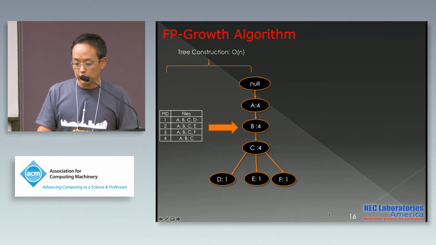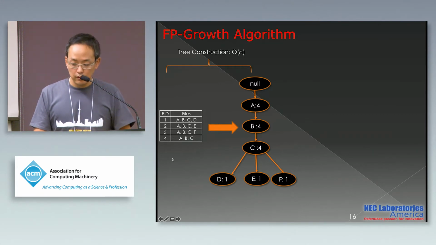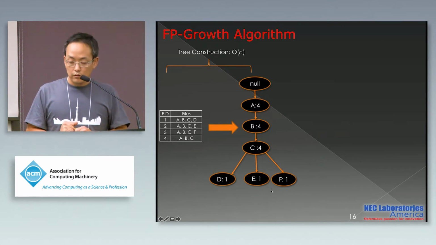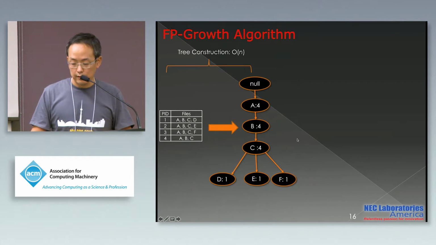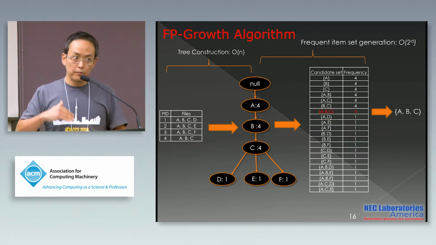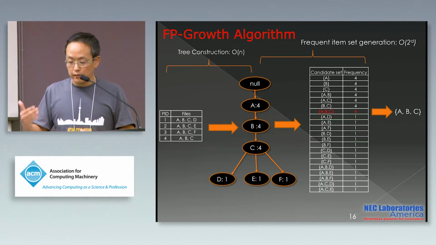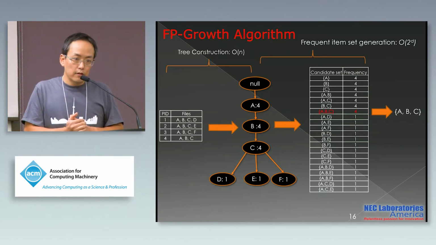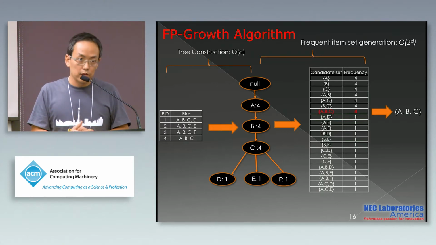For a given input table on the left, we want to generate the tree based on its frequency across the file accesses from different processes. The second stage is based on the tree constructed in the previous stage, and it is the actual stage of frequent itemset generation, but its complexity is exponential in the depth of the tree.